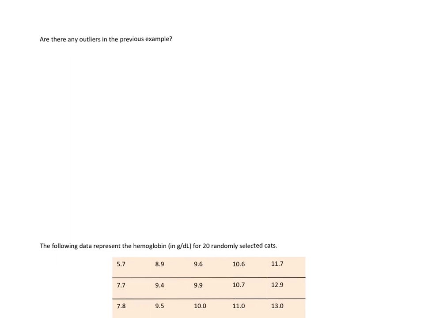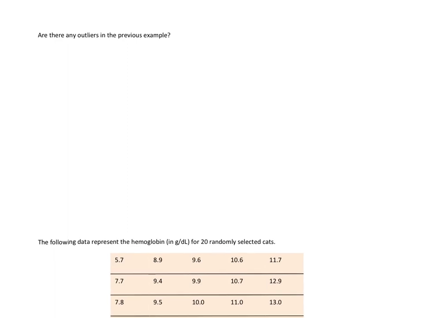So now we want to know, are there any outliers in the previous example? So when you're asked to see if there's outliers, you should think to yourself, I have to construct my fences. Okay, let me rewrite all the information since it's on the other page.